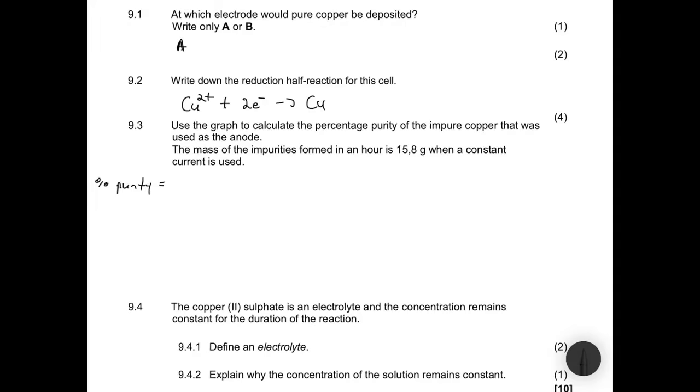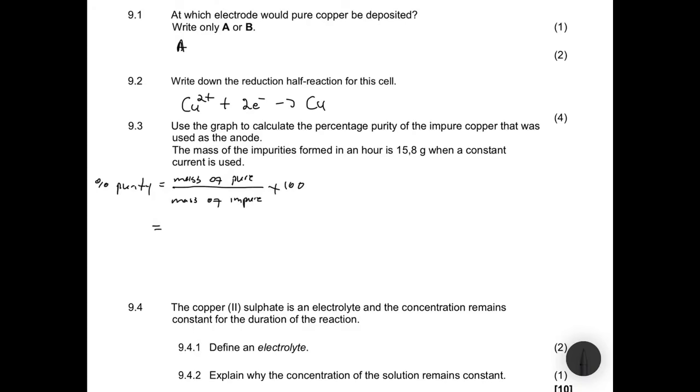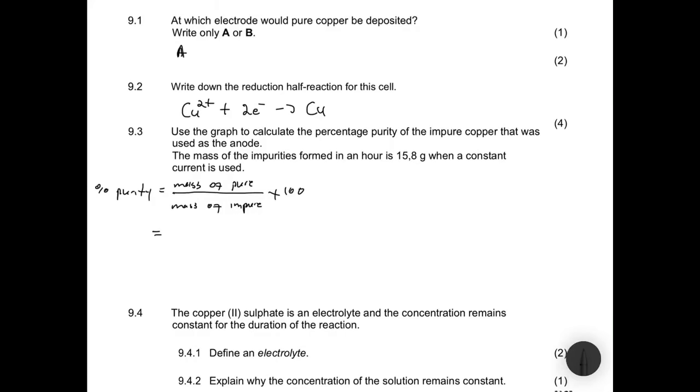Percentage purity is the mass of the pure sample divided by the mass of the impure sample, multiplied by 100. But in this question, it's not really that clear, so we have to break it down, right?